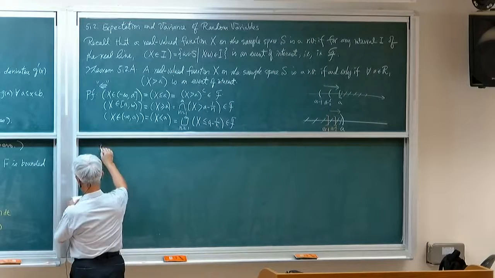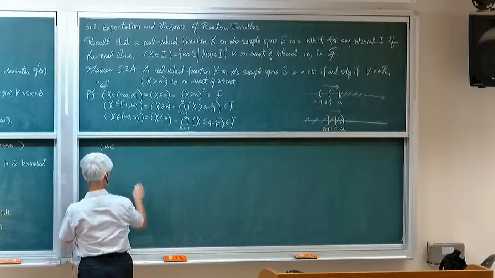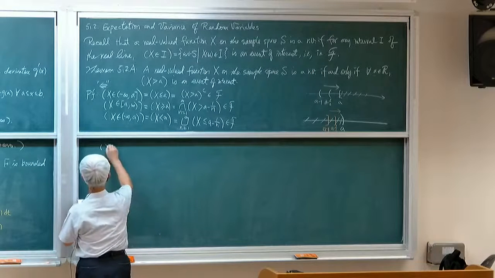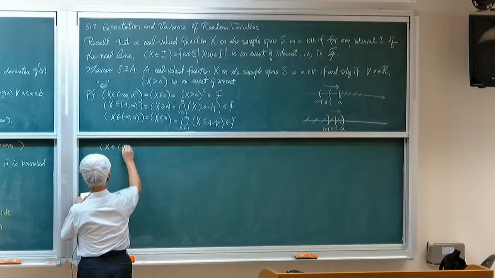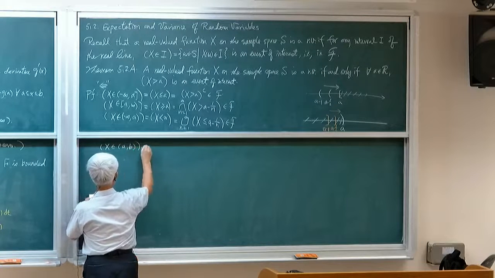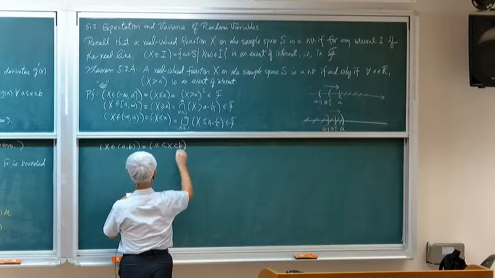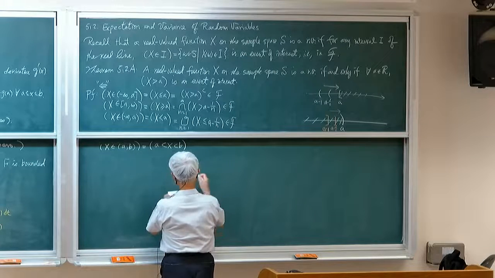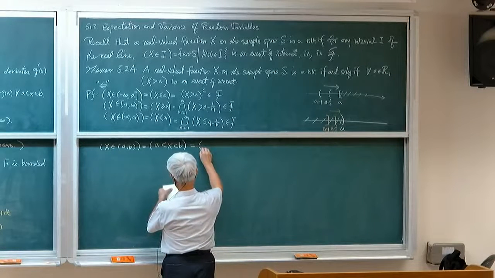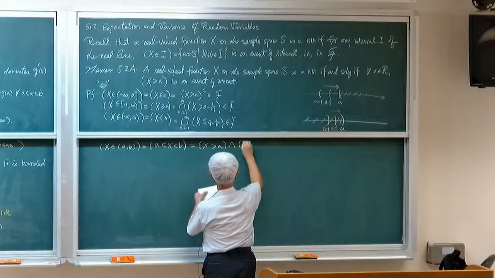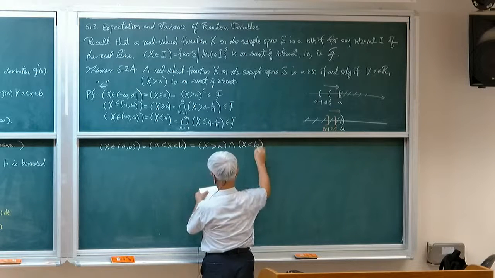Now, how about X in the open interval (a, b)? This is equal to X greater than a intersect X less than b.